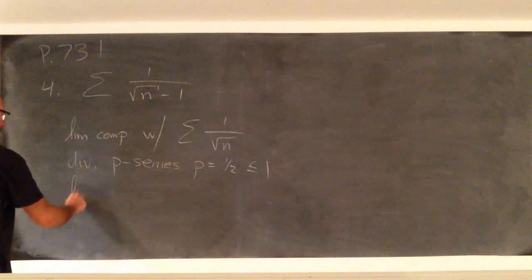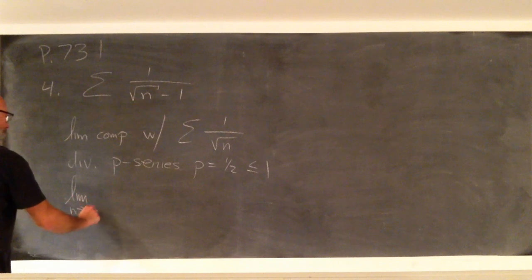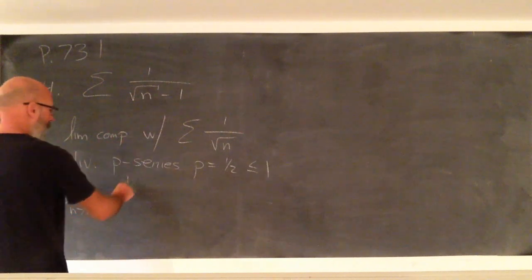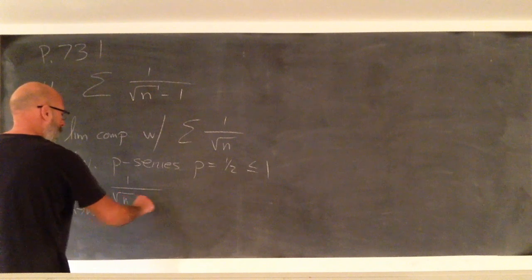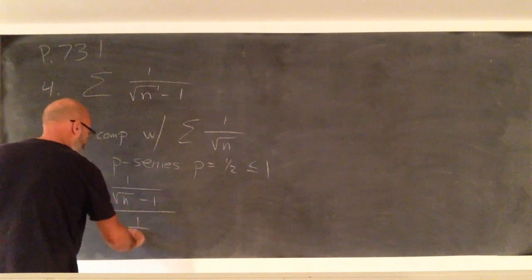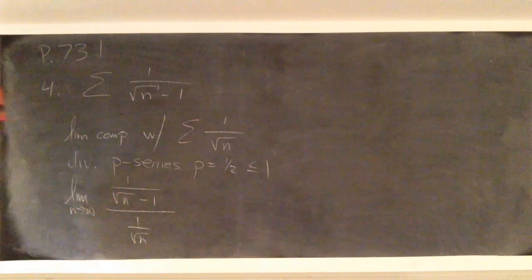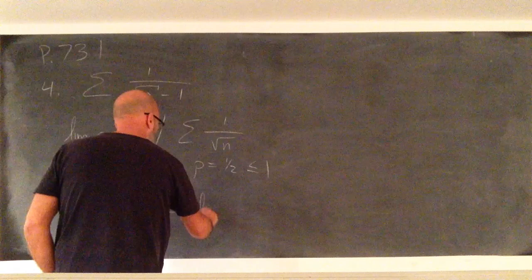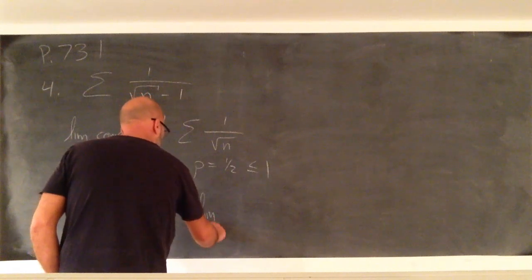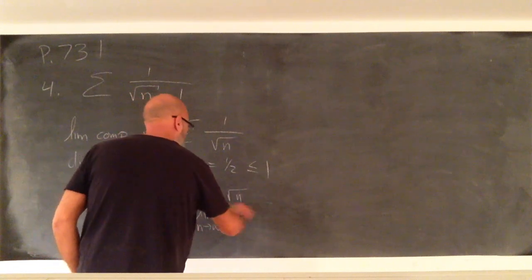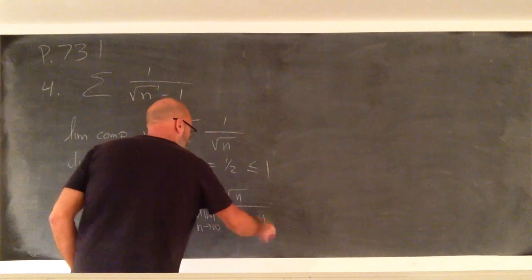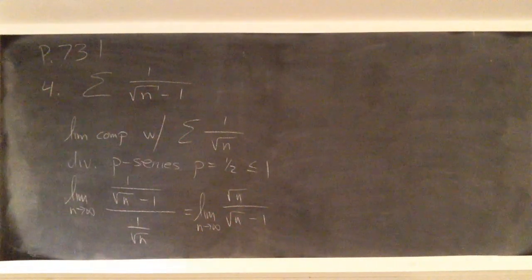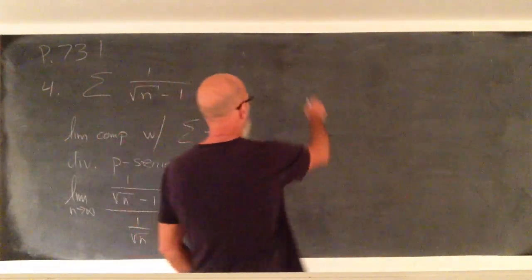So if we do the limit of one divided by the other, or the limit of root n over root n minus 1, you see easily that we can factor out a root n from the denominator.